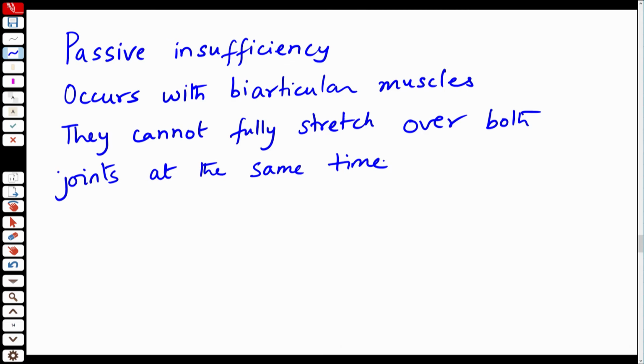Again, you can use the hamstrings as an example. So, now you are stretching the hamstrings. You lie down in the supine position, on your back, and you start lifting your leg. You are flexing your hip, trying not to bend your knee.